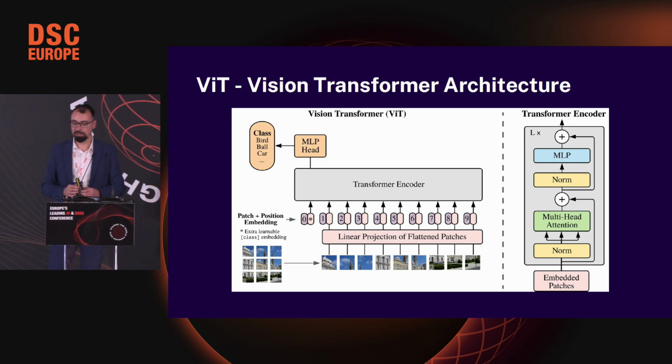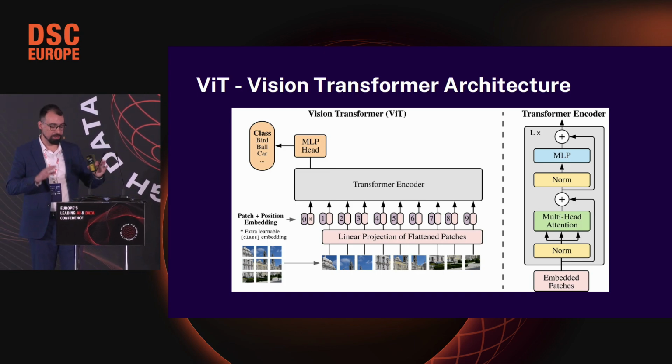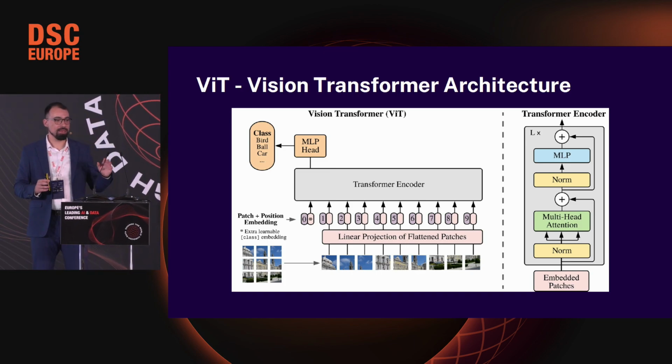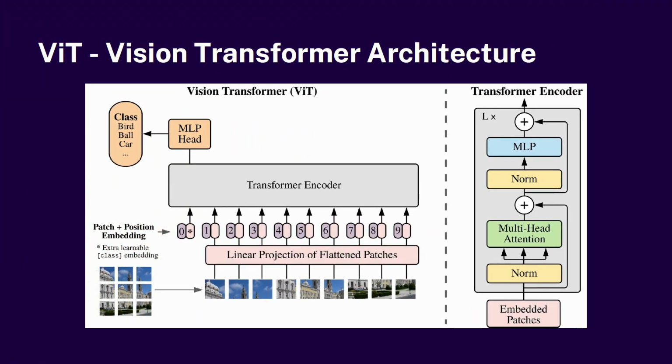Okay, so a quick recap of this architecture. On the right, you can see the transformer encoder, right? A transformer has an encoder and decoder, but in this particular use case we just need the encoder, because we are not generating anything, so we don't need the decoder part.